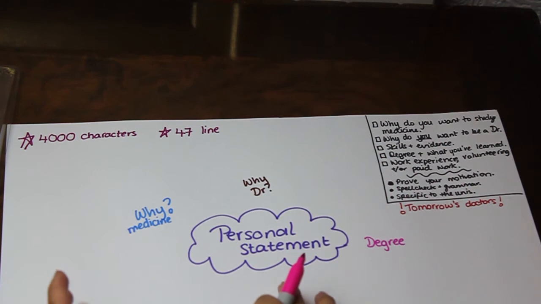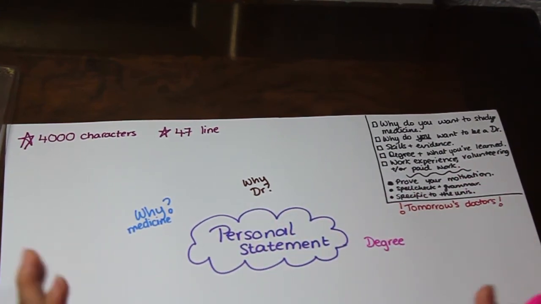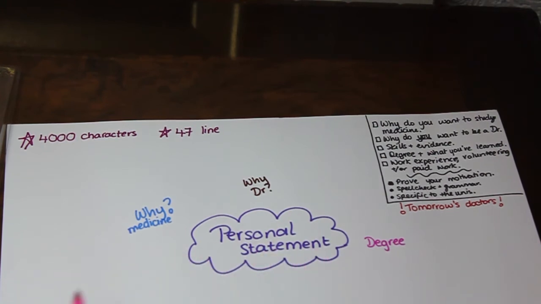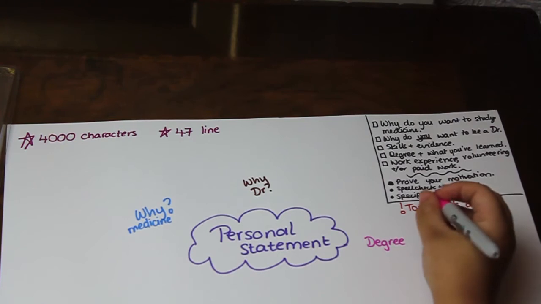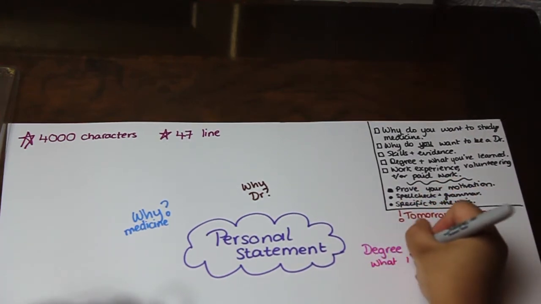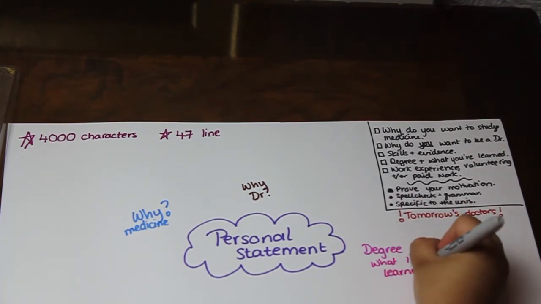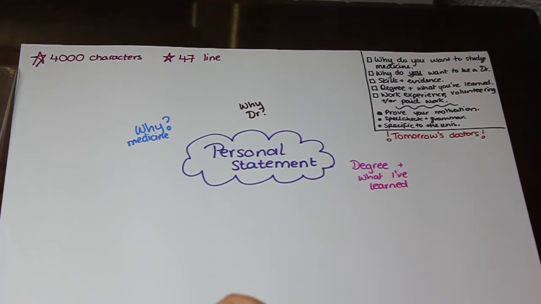I don't think you necessarily need one section listing your skills. I think it's very easy to put it within the personal statement inside other sections. So the degree and what you've learned, or what I've learned from that. Okay.